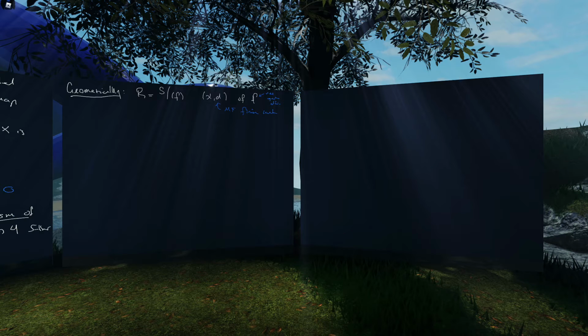So when S is a polynomial ring, this geometric object is going to be the zero set of S, right? So for S equal to, say, K[x_1, ..., x_m], it's going to be a part of the zero set of F. So it's going to be something inside this thing.